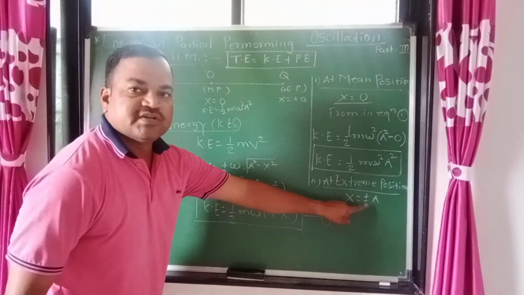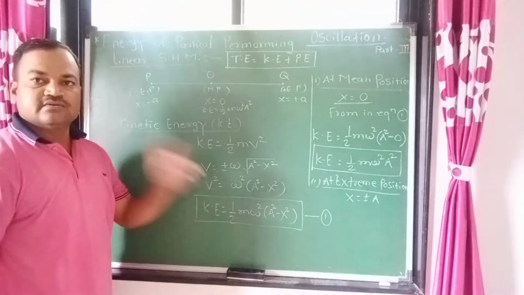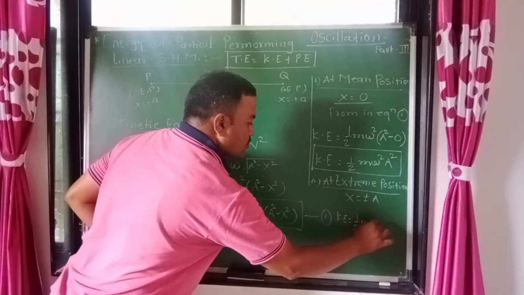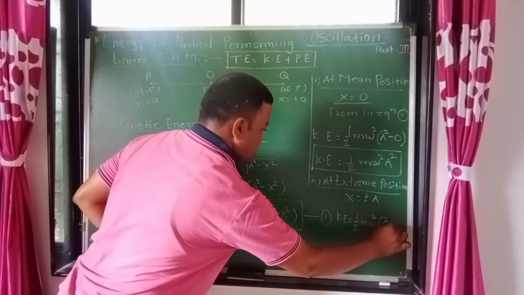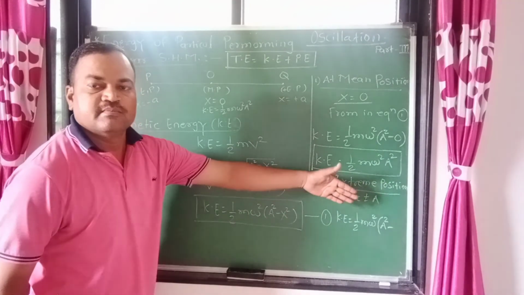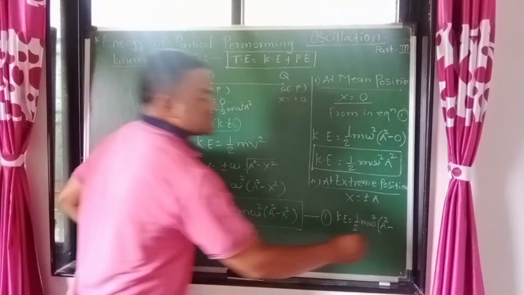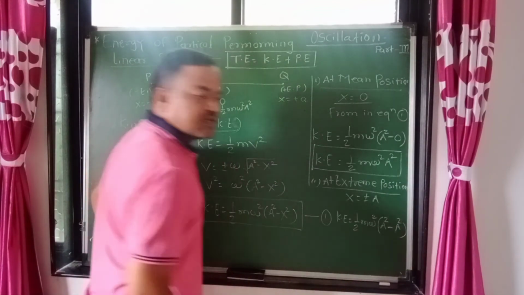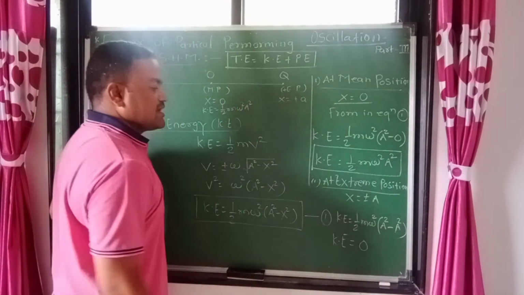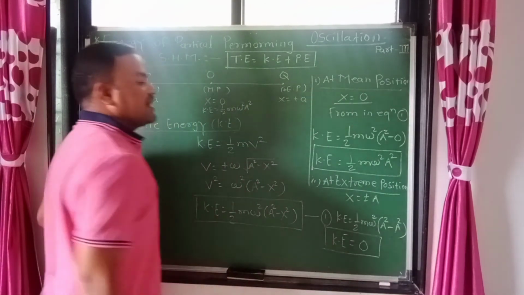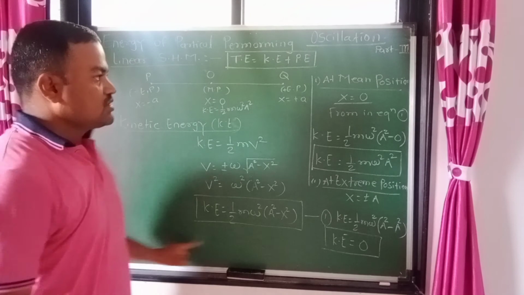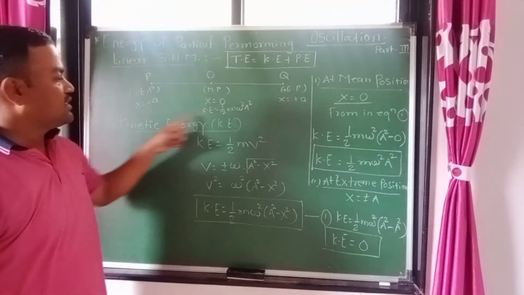Using these values in equation 1, we get kinetic energy is equal to 1/2 m ω²(a² minus (±a)²). So (±a)² is equal to a², and a² minus a² becomes 0. So the kinetic energy is 0. It means that kinetic energy is zero at any extreme position, right side or left side. So this is the total expression of kinetic energy.